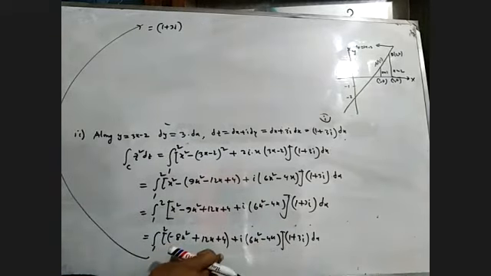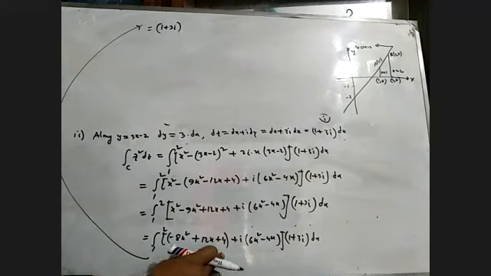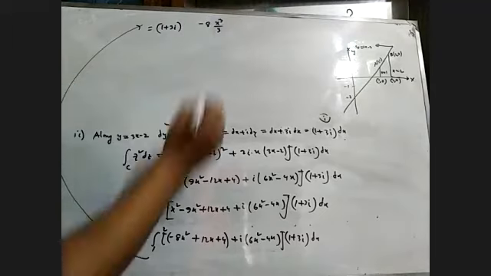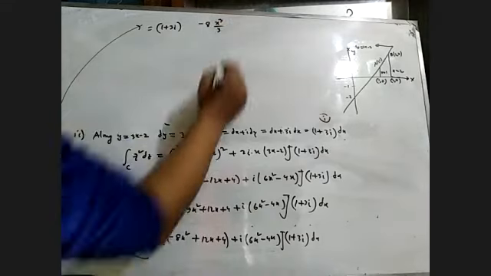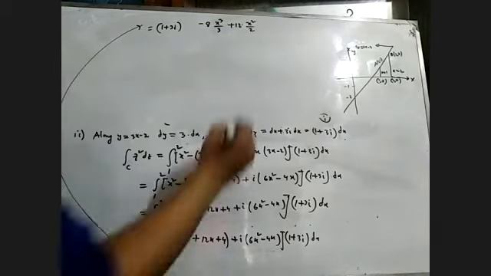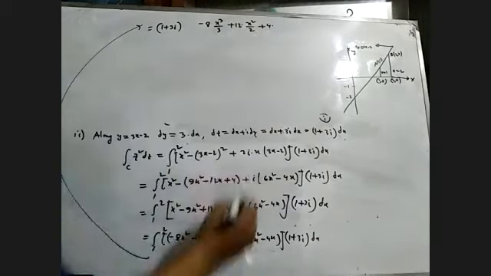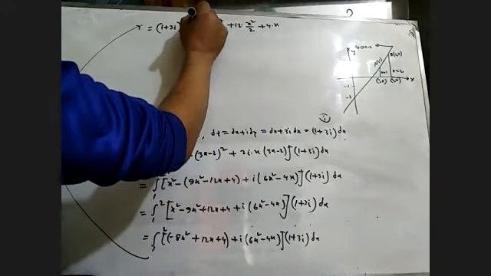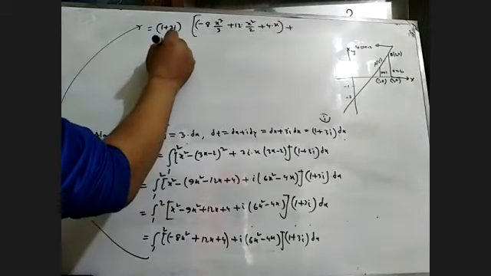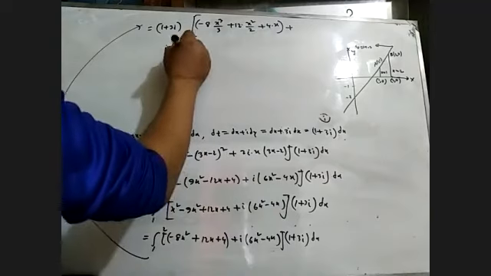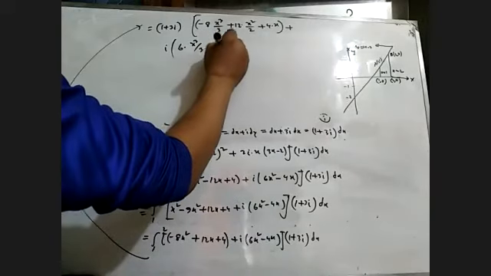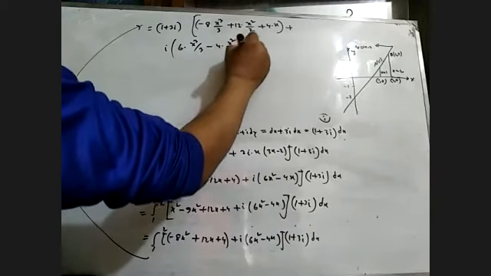Now integrating with respect to x, here we get what? Minus 8 x cube by 3, right? x square integration x cube by 3 plus 12 x integration, what? x square by 2 plus 1 integration, what? x, plus i into 6 x square integration, what? x cube by 3 minus 4 into x square by 2.